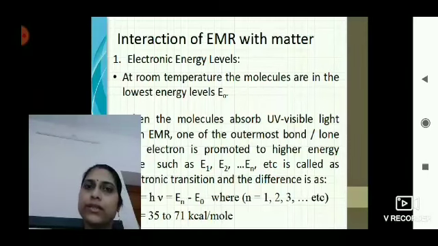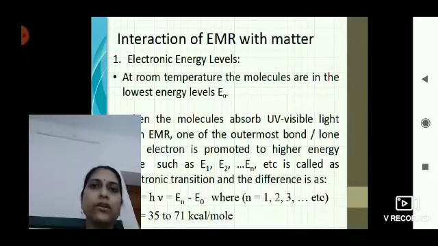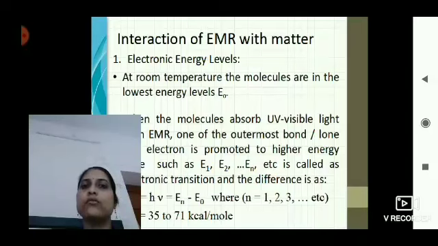When electromagnetic radiation interacts with matter, these molecules absorb the energy and go to a higher level, and the separation of energy is equal to h nu, where h is the Planck constant and nu is the frequency of that particular incident light.